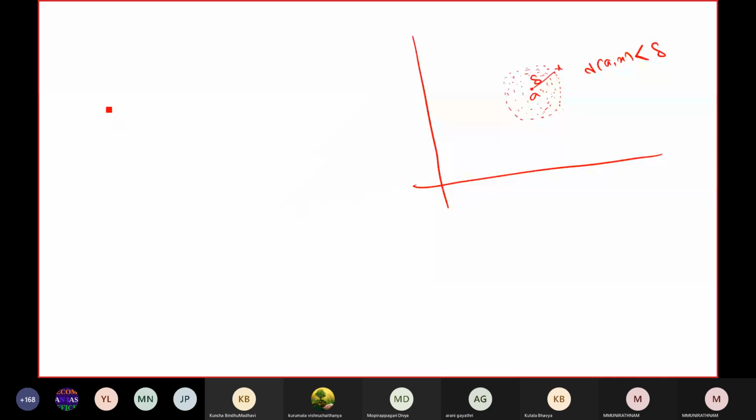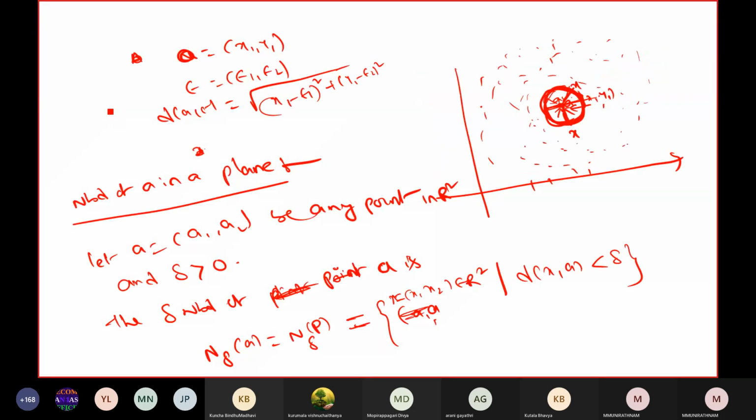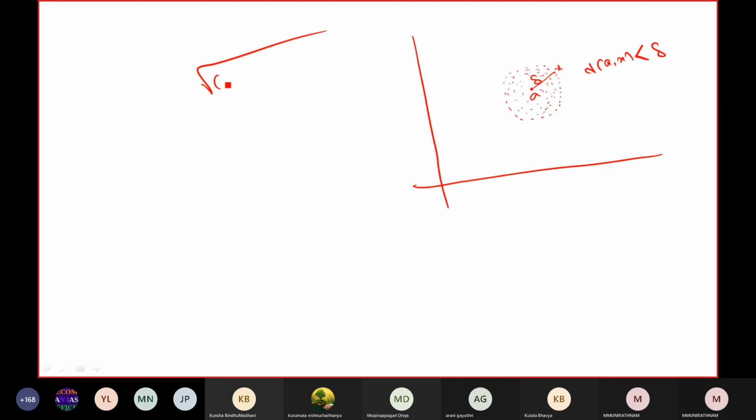So how can we write this now? x equal to (x1, x2) in R square, such that the square root of (x1 minus a1) whole square plus (x2 minus a2) whole square is less than delta.